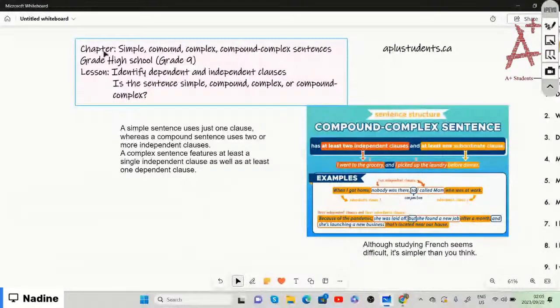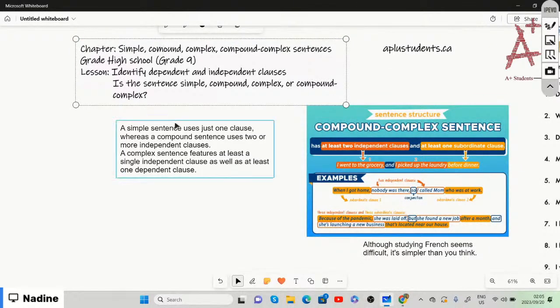So we'll be doing our chapter of simple, compound, complex, and compound complex sentences. The grade we are focusing on is high school, specifically grade 9, because it's basically just a tutorial. The lessons are to identify dependent and independent clauses, and to decide whether the sentence is simple, compound, complex, or compound complex.